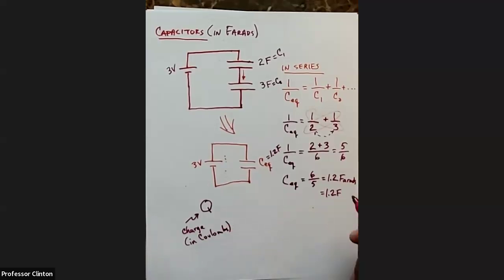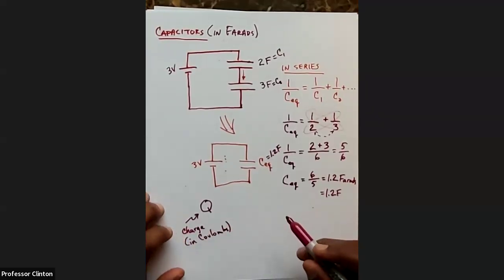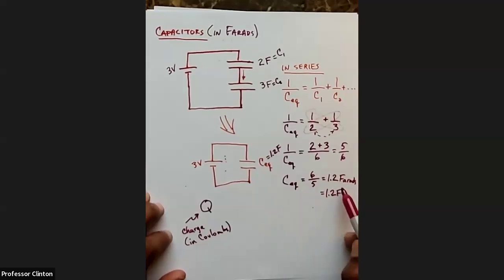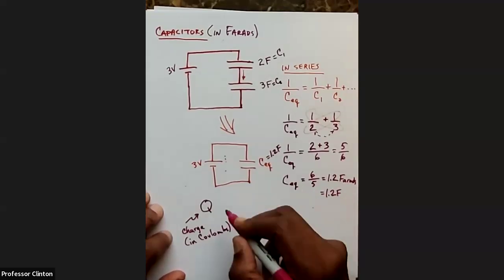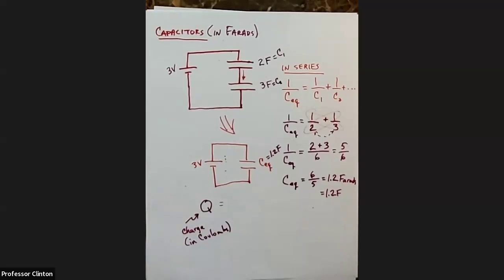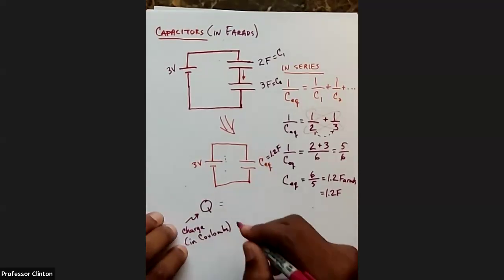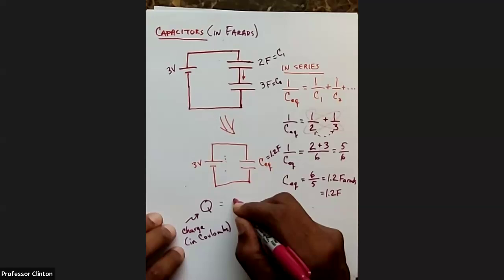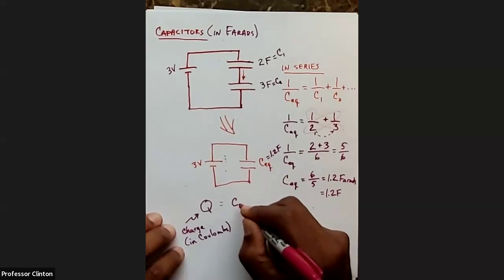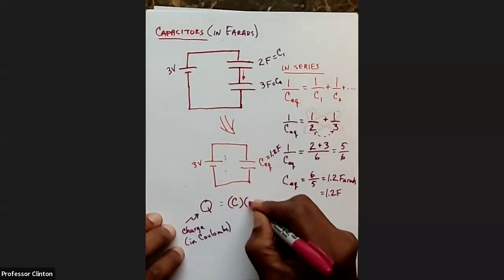That's why I don't need you to use C for your capacitance abbreviation. Our charge is equal to the amount of capacitance times the voltage.